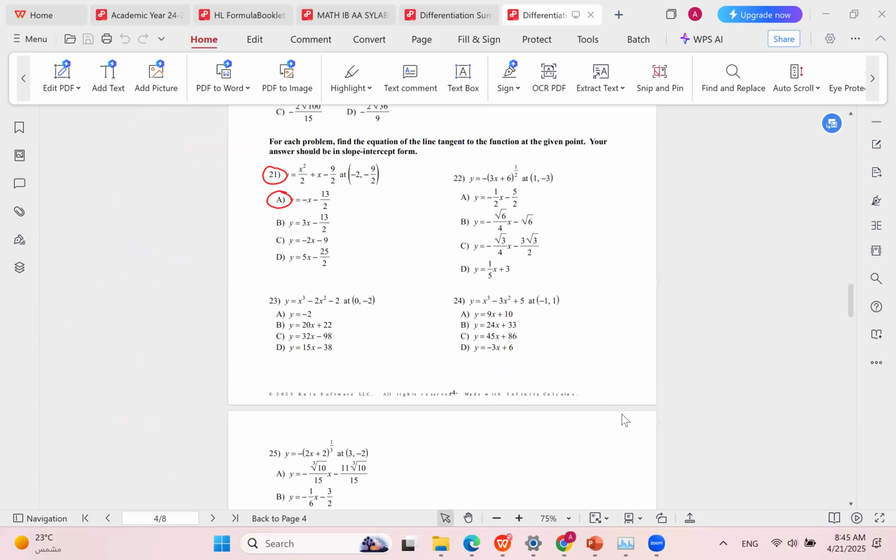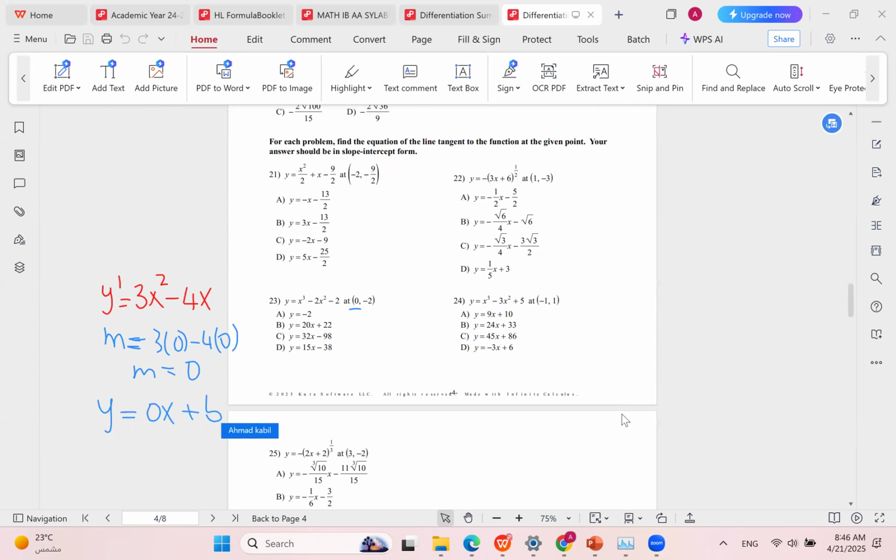All right, so like we said, we're going to skip question 22, and we're going to move on to question 23. First we get y dash. Y dash is 3x power 2 minus 4x. Then in order to get the slope, we plug the x value. So 3 times 0 minus 4 times 0. This is equal to 0. So we have y equals 0x plus b.